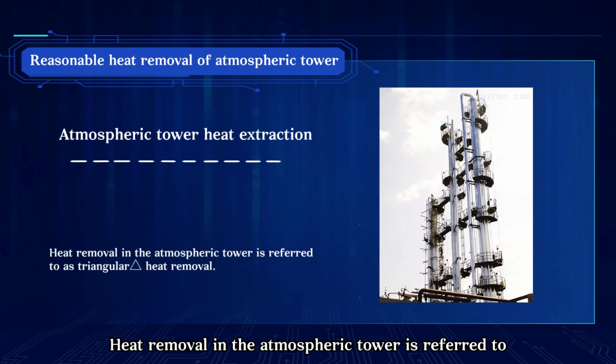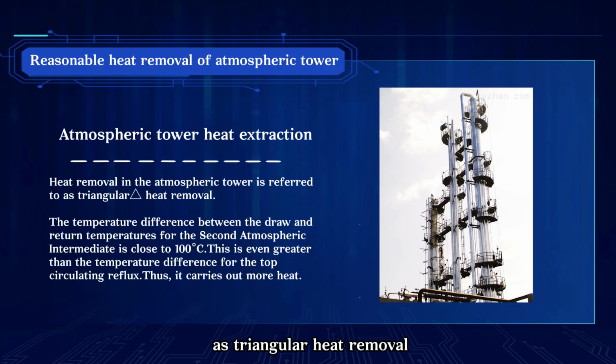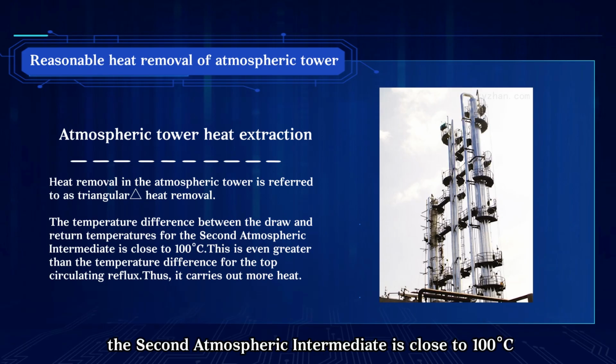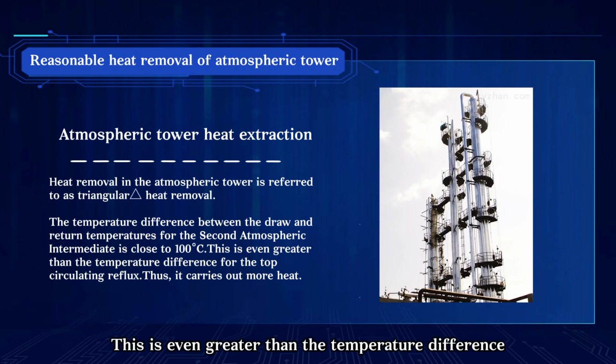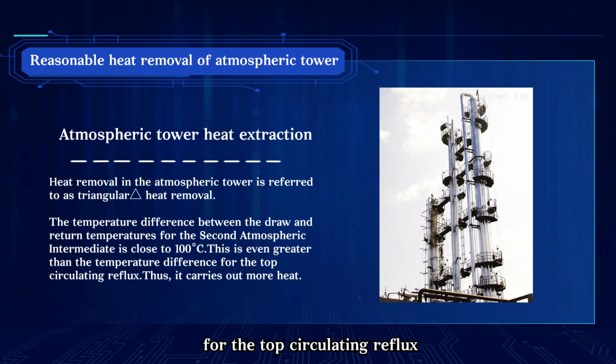Heat removal in the atmospheric tower is referred to as triangular heat removal. The temperature difference between the draw and return temperatures for the second atmospheric intermediate is close to 100 degrees Celsius. This is even greater than the temperature difference for the top circulating reflux. Thus, it carries out more heat.